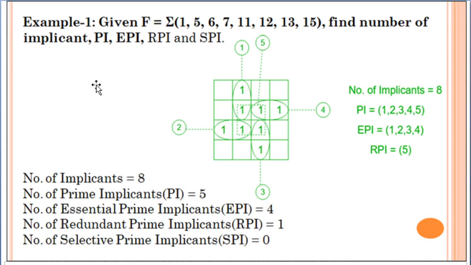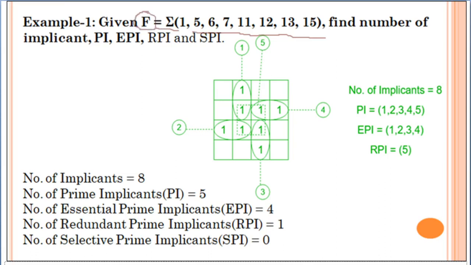Here, a function f is equal to sigma 1, 5, 6, 7, 11, 12, 13, and 15. That means these are the main terms associated with this function.